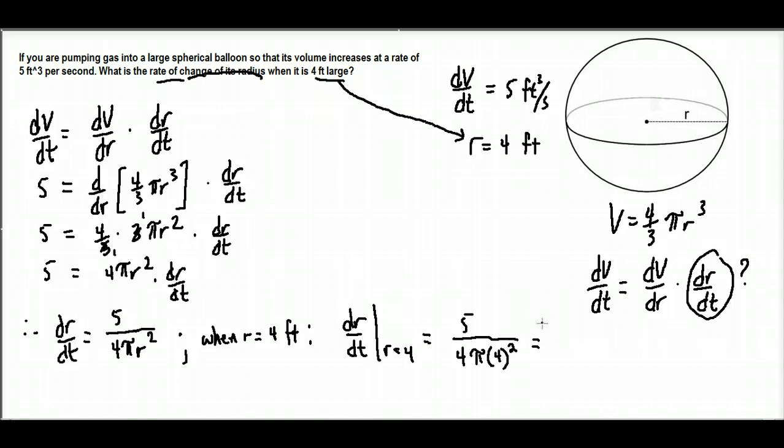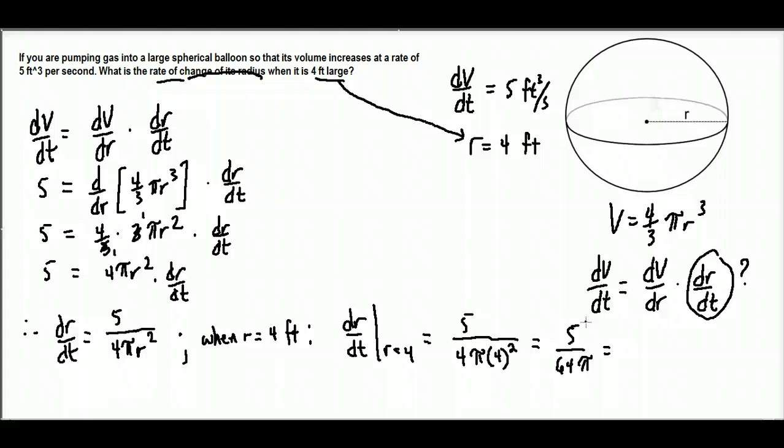And so once we do that here, you'll see that we just multiply the denominator, and that will be 16 times 4, 64 pi. So it'll be 5 divided by 64 pi, and I'm going to go ahead and work that out right quick.